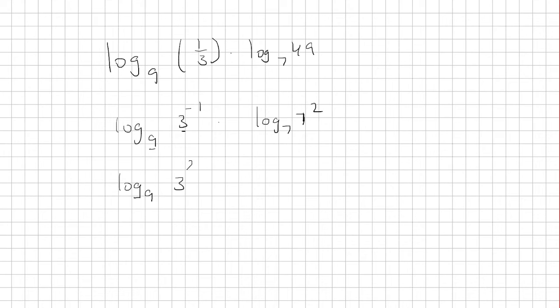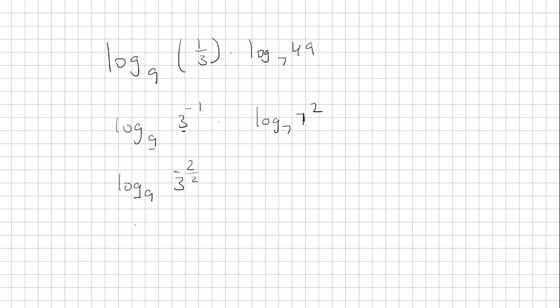Log base 9 of 1/3 times log base 7 of 49. I'm going to rewrite this as 3 to the negative 1st power, and then 49 is just 7 squared. Now, these two bases are not the same, so we can rewrite 9 as 3 squared. Now these are the same, but how do I get negative 1? I have to multiply this by negative 1/2.